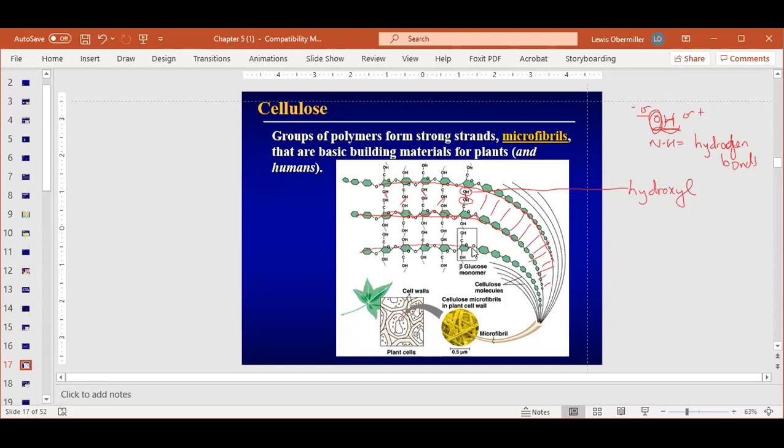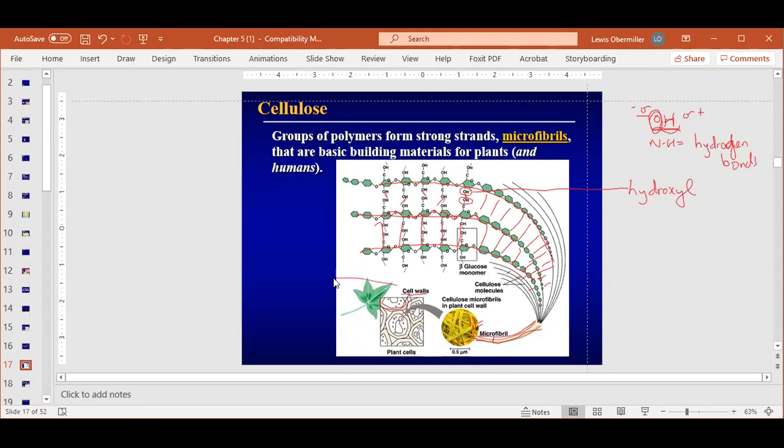And because of this flat shape, it can make all of these hydrogen bonds. Since you don't have access to a microscope, usually I would have the students look at a piece of paper under a microscope, but this is what it looks like. And this is what gives the cell walls of plants their super strength.